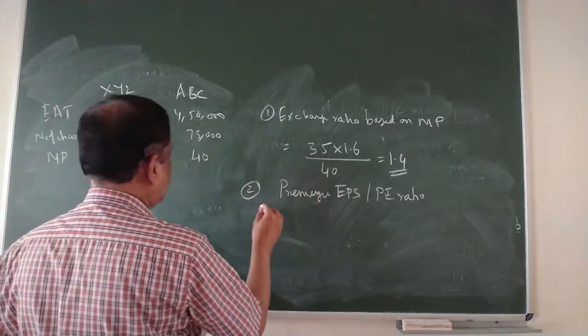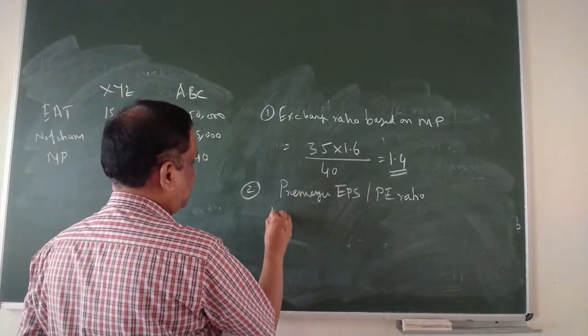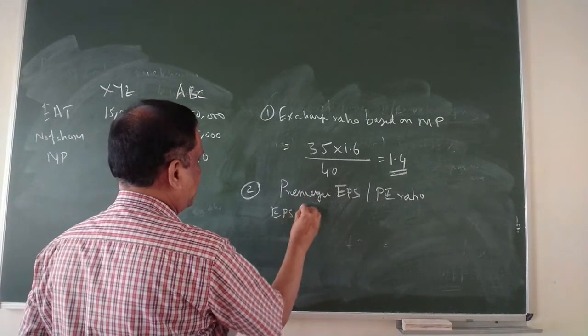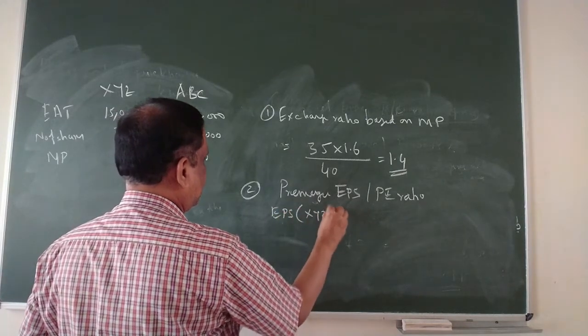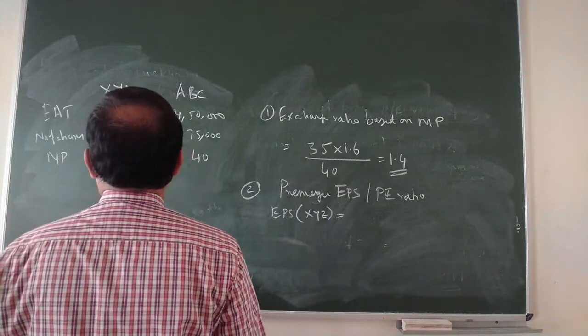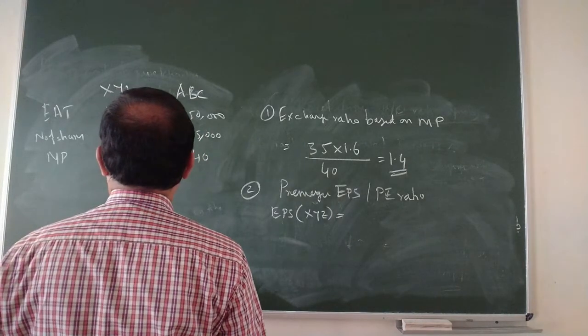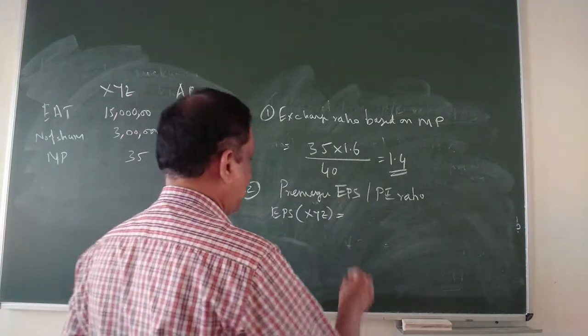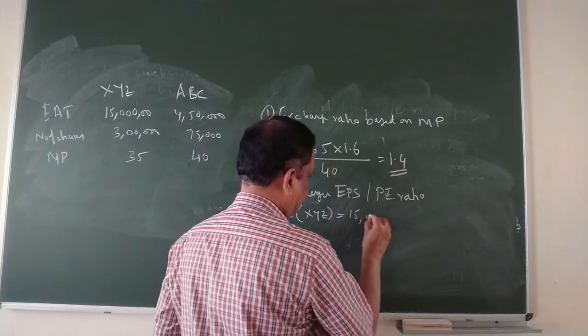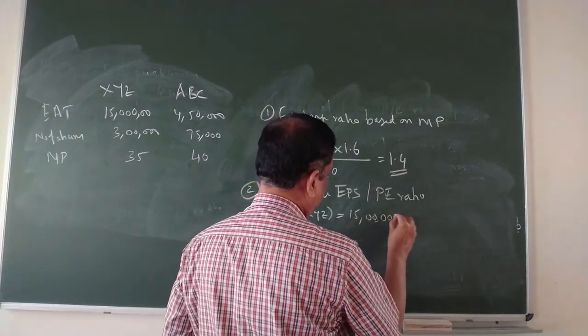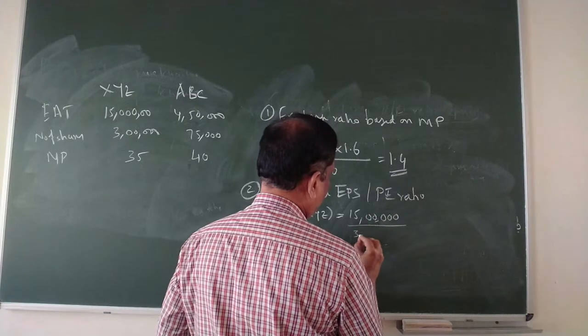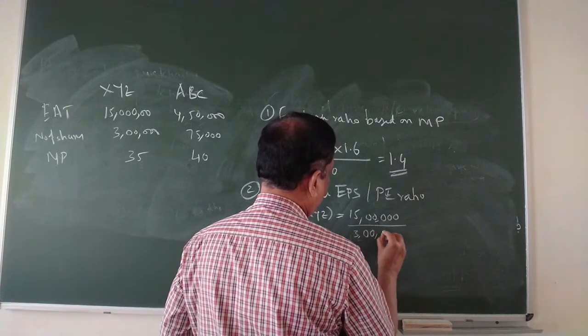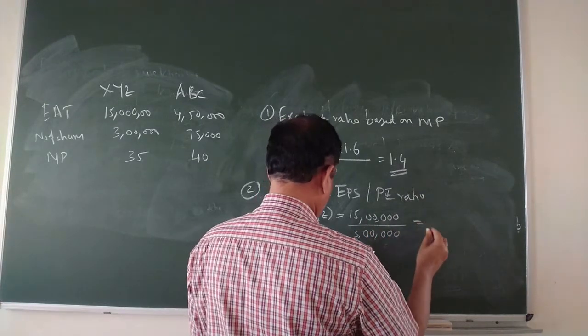So EPS for company XYZ will be 15 lakhs divided by 3 lakhs. That will be 5.